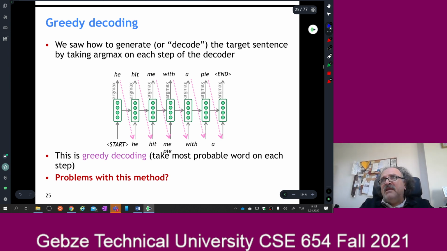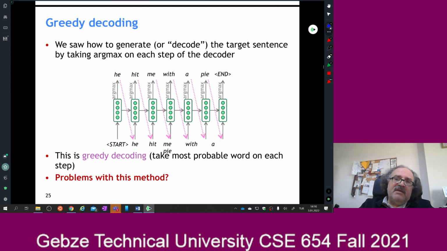But taking the maximum probability word at each step might have some problems. What is the problem? There may be other possibilities. You start with start and you predict he. But maybe, exactly.